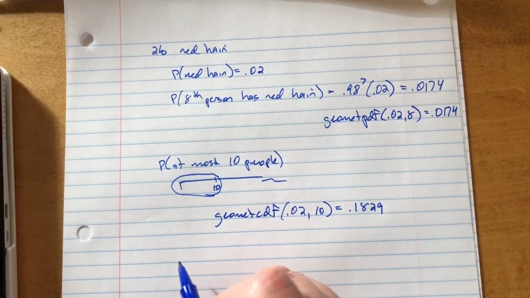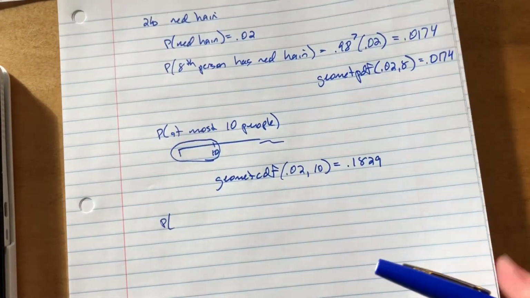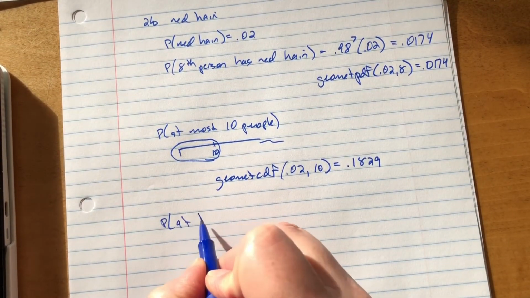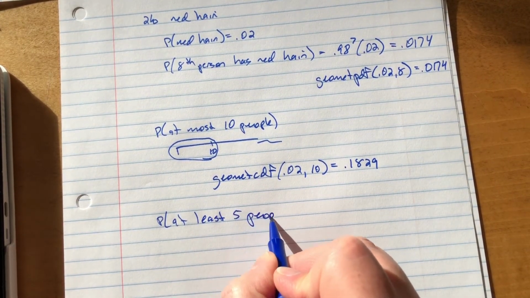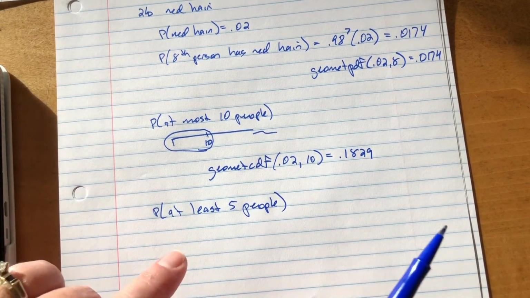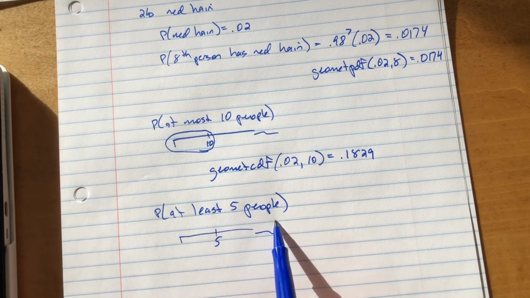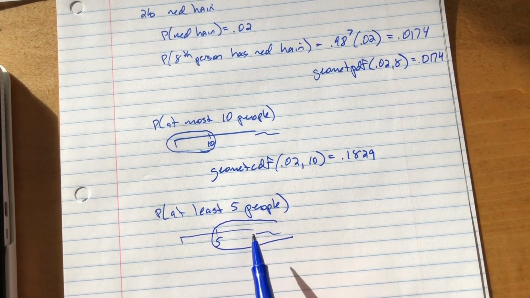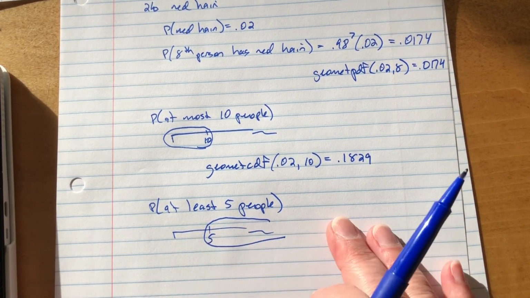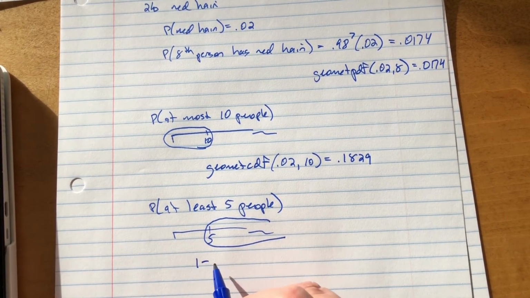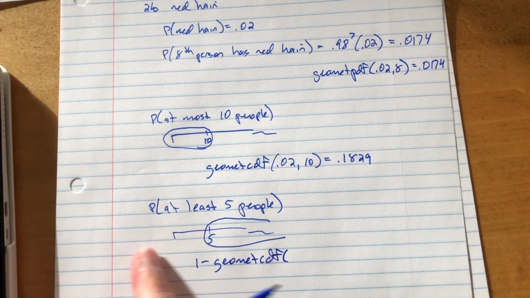Okay. And then let's do the probability that I have to ask at least 5 people before I find someone that has red hair, okay? So at least 5 means I'm going to have to ask 5 or more, 5, 6, 7, 8, 9, or 10 people before I find somebody that has red hair. So since I want a total to the right, I'm going to do my 1 minus my accumulation of the left, okay?